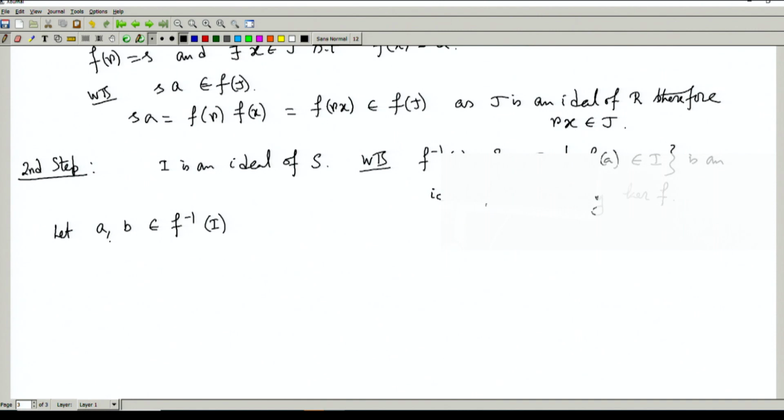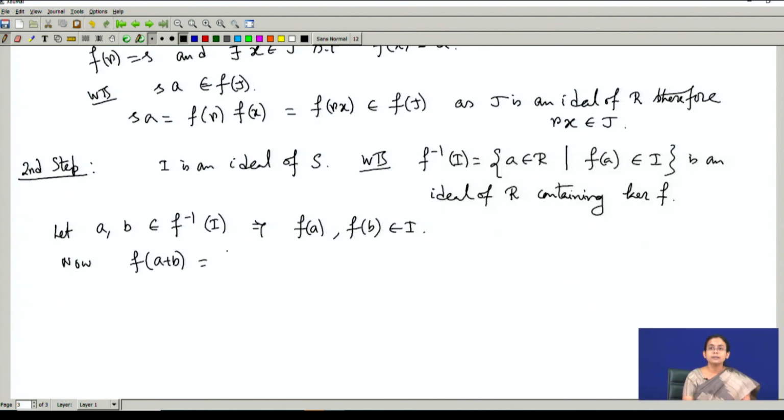Since a and b are in f inverse of I, that means f of a and f of b are in I. Now, f of a plus b, since it is a ring homomorphism, is nothing but f of a plus f of b, and f of a, f of b both belong to I, and I is an ideal.